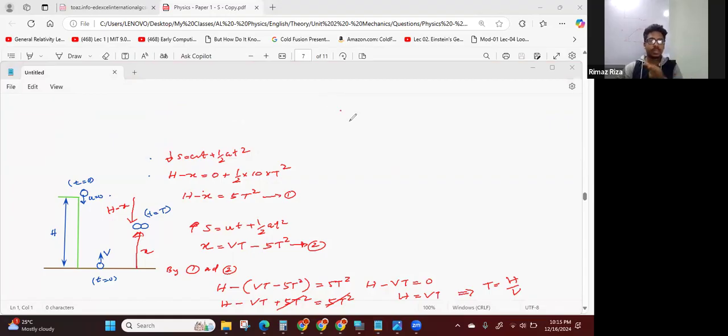Now the previous two questions I gave, relative motion I can consider because both have the same time interval, starting from the same time, finishing at the same time. So I can consider the relative motion.